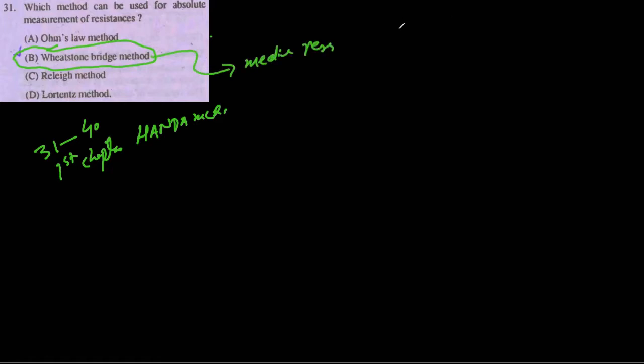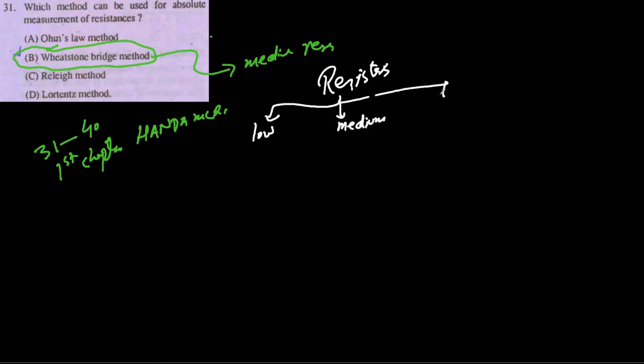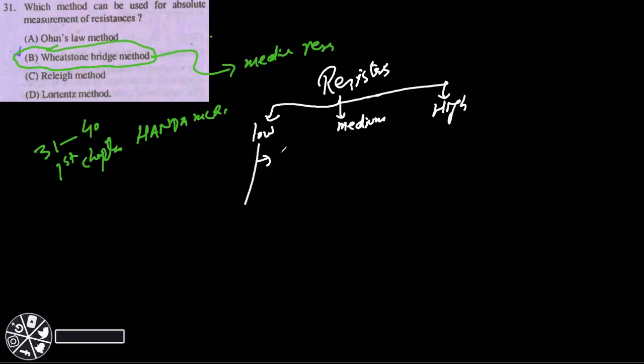Actually, we have three types of resistors. One is low resistance, second one is the medium, and the third one is the higher resistance. So low resistance is measured by using the ammeter voltmeter method.